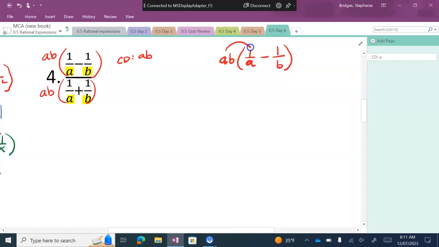What do I get when I multiply AB times 1 over A? AB over A, which would just reduce to B, because the A's will cancel.